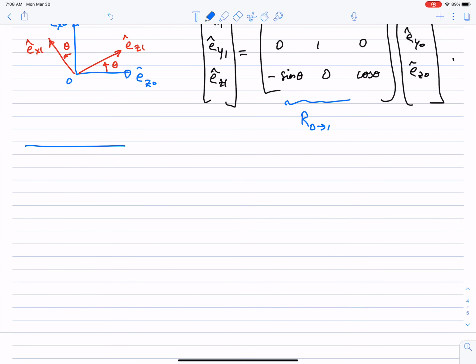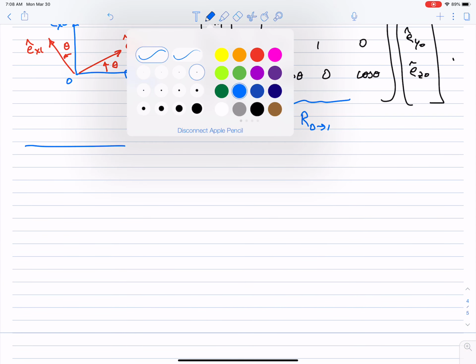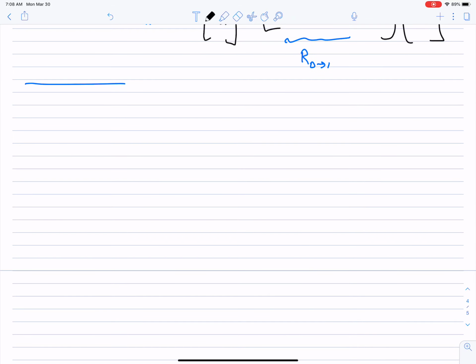Okay, so those are elementary rotation matrices that represent simple rotations.